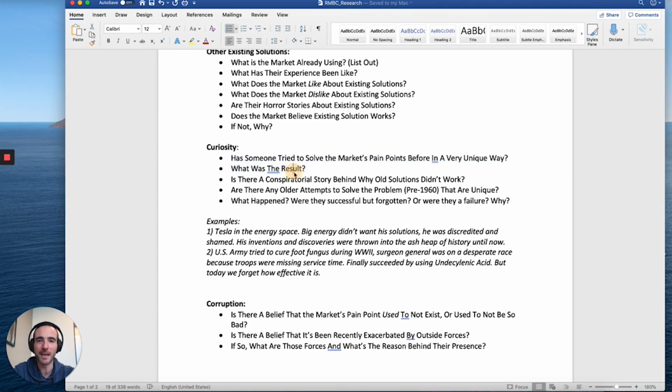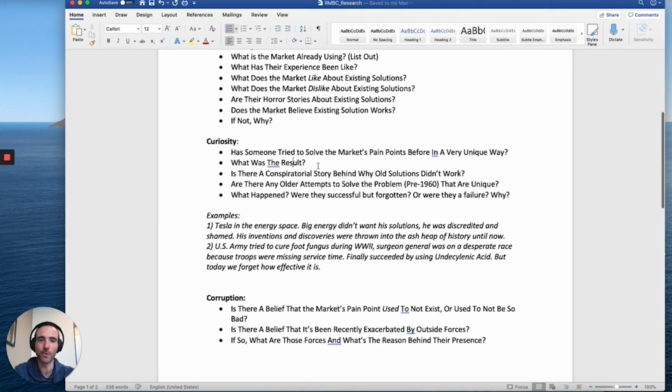So by going through and looking at old attempts at solving the market's pain points, you can find some really cool gold. And what you can also do is find these conspiratorial stories about old solutions as well. For example, who killed the electric car, the idea that we actually could have had electric cars in the 80s, but GM killed it, right?